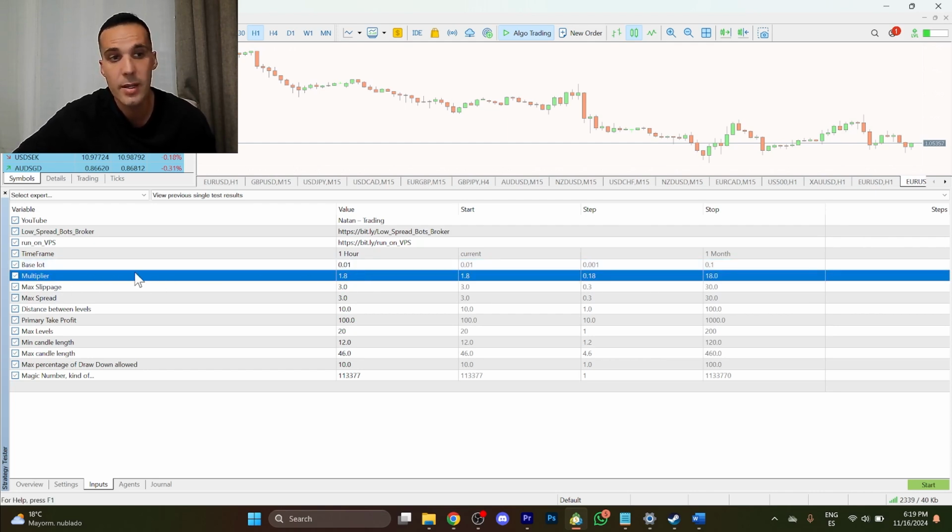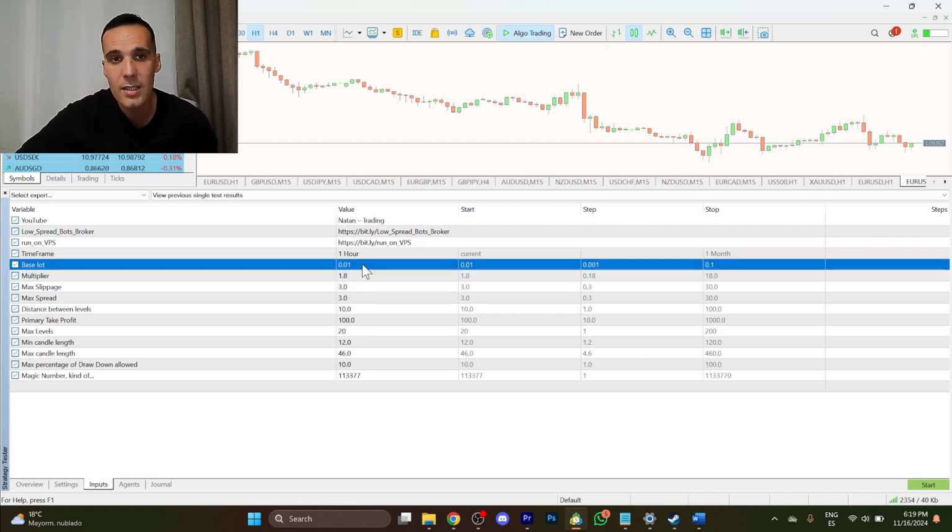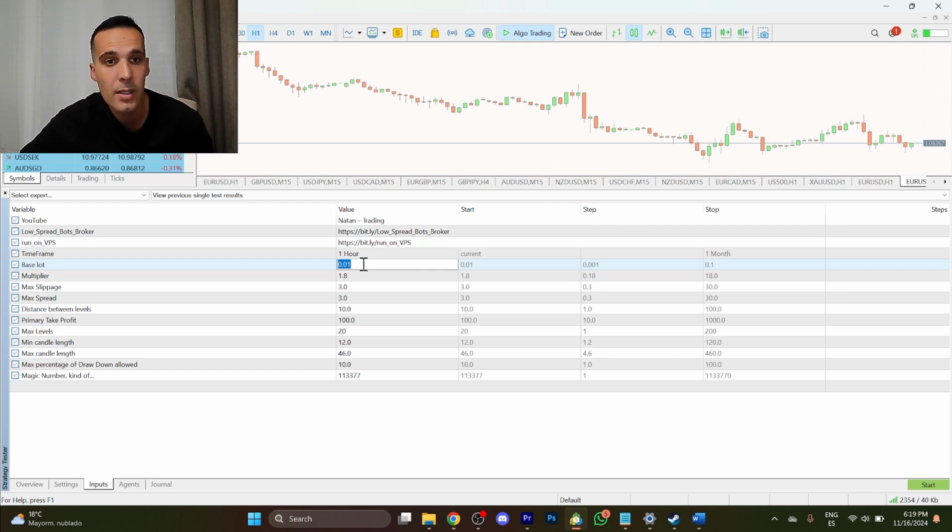What else? Multiplier. As I said, multiplier is the multiplier that is going to multiply the previous trade, the previous lot size. So in this case, if we start with 0.01, the next one is going to be almost 0.02, but almost, because it's not yet on 0.02, it's going to still be 0.01.